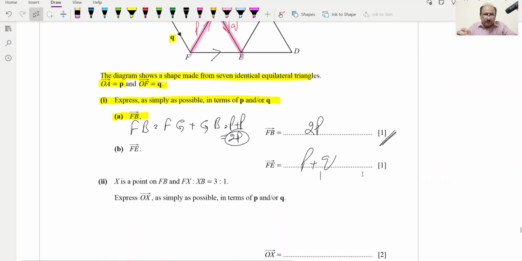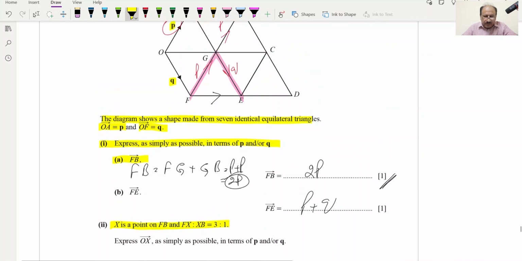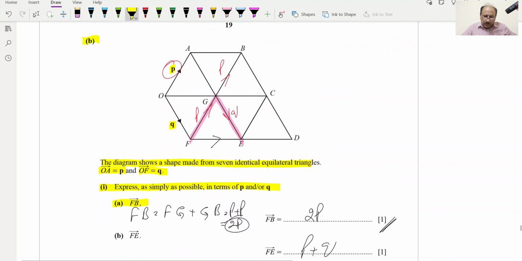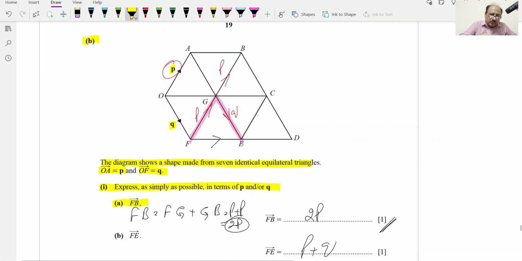Now for this second part, X is a point on FB, and FX to XB is 3:1. So we can identify our X over here.